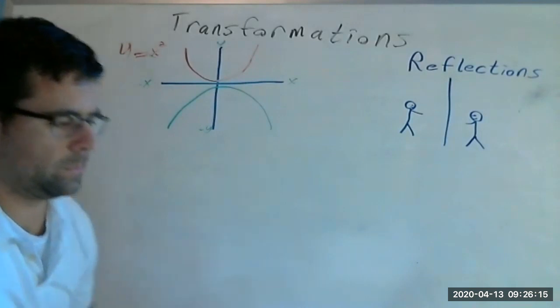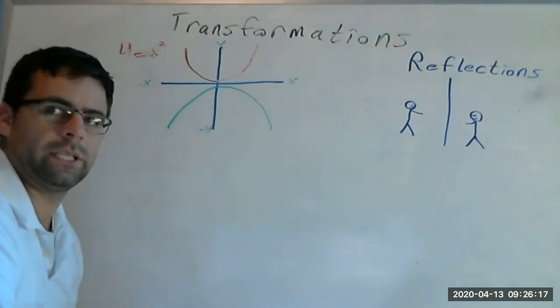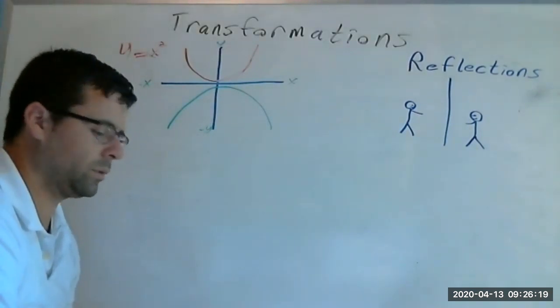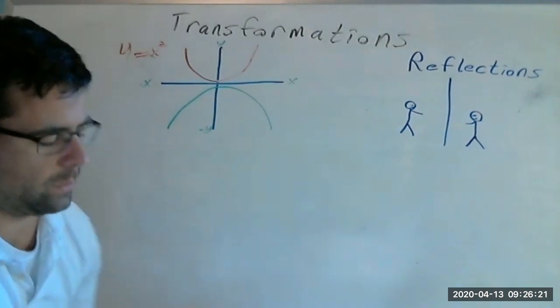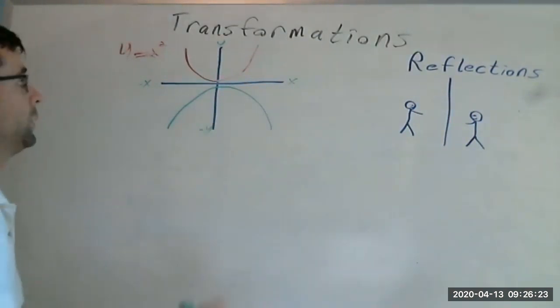And can anybody take a guess what the green one, what that equation is going to be?